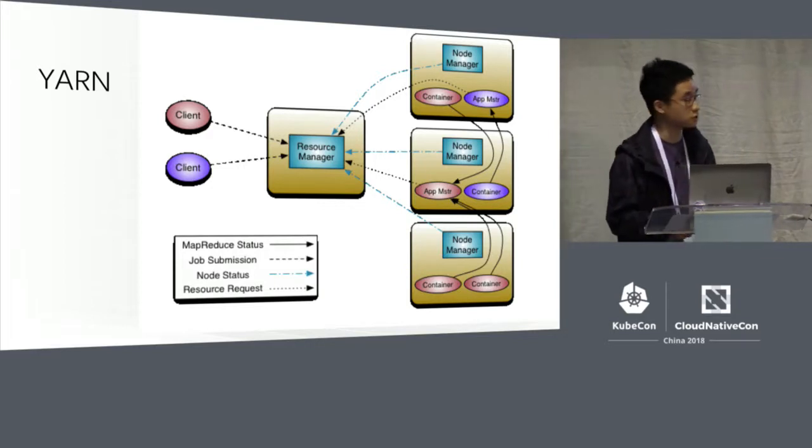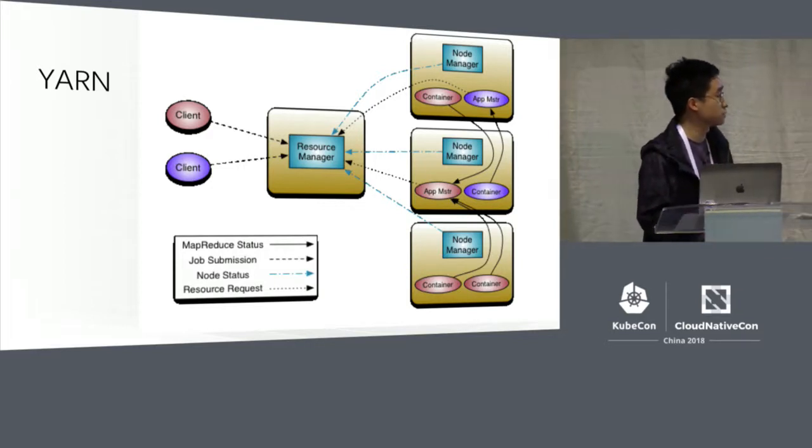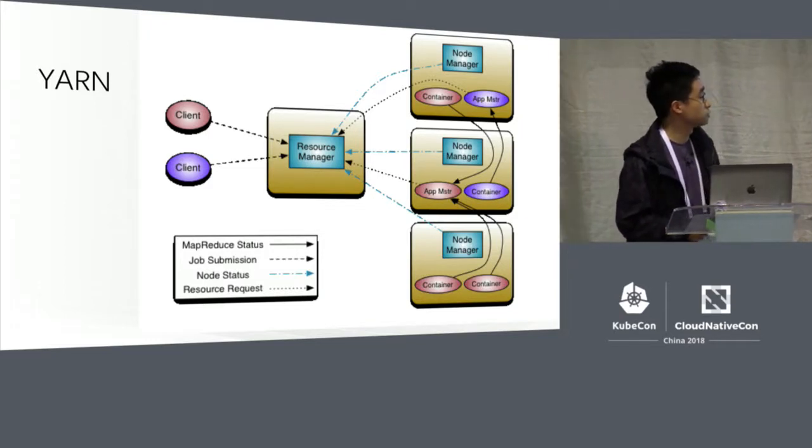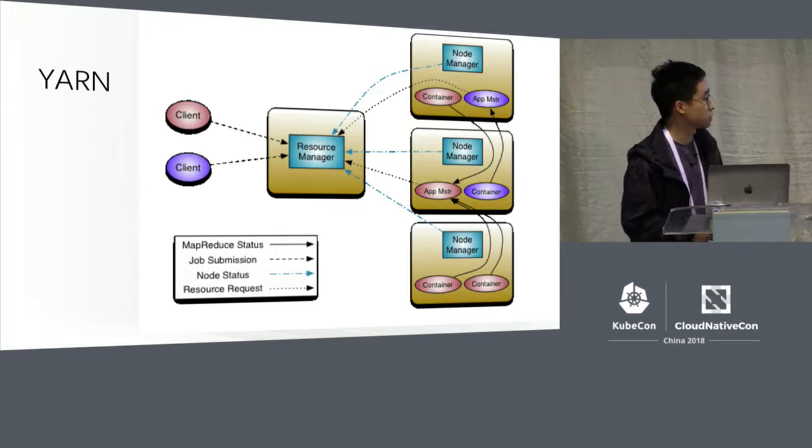The application master and its own components will ask for resources from the resource master, and when it returns, it will launch the related container on the related nodes to finish a scheduling.